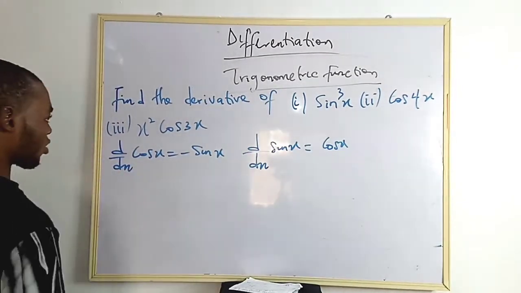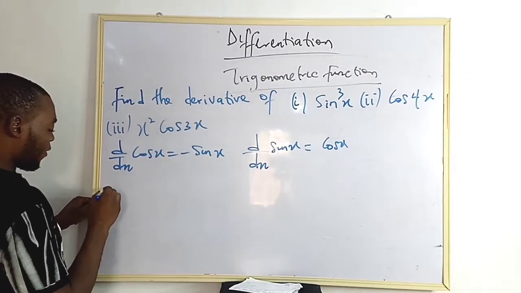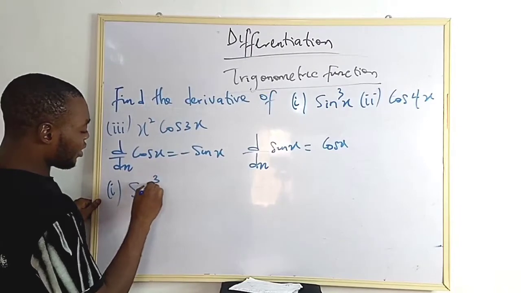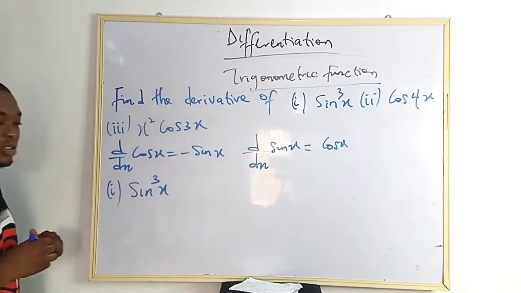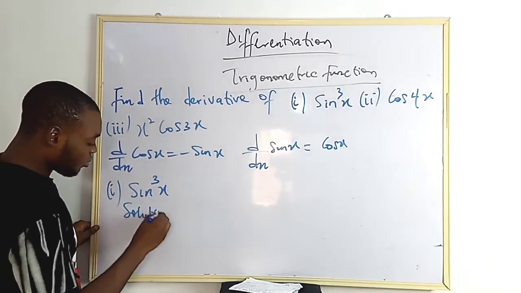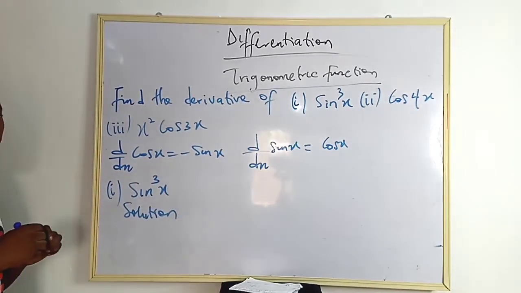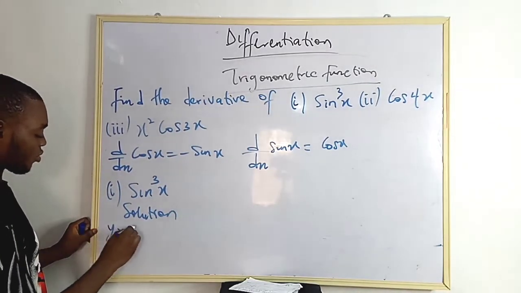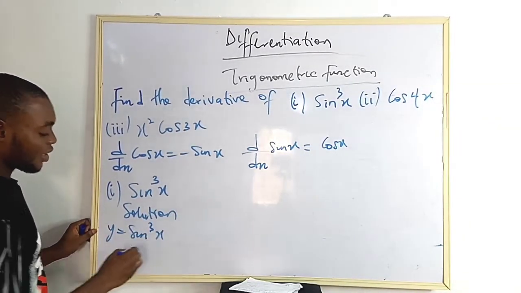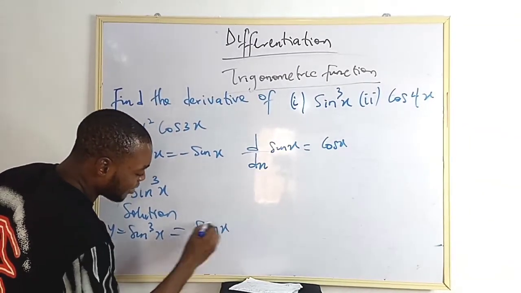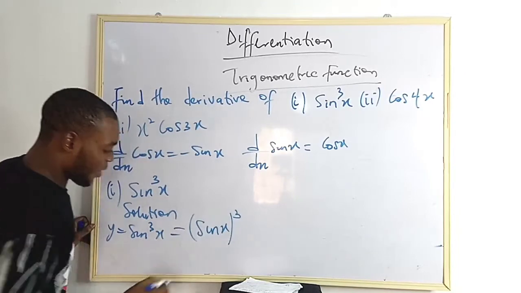So let's get started. The first example that we have is sine cube x. Solution: if y equals sine cube x, this is the same thing as sine x raised to power 3.